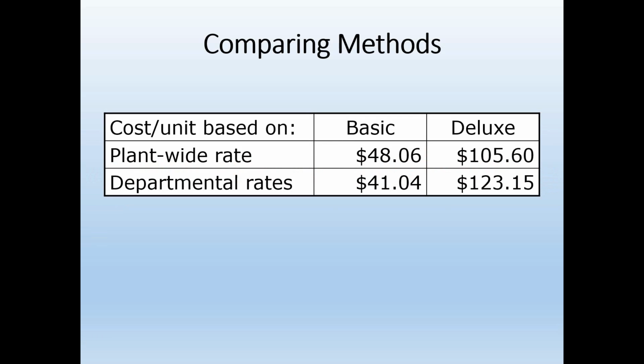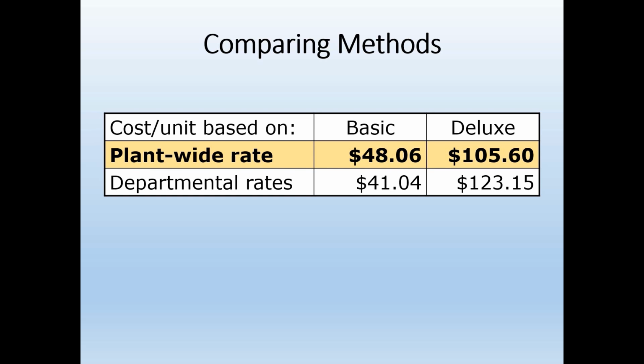When we compare how much XYZ would think it costs to make a basic unit versus a deluxe unit, we can see that the answer would be different depending on whether the firm chooses a single plant-wide allocation rate or departmental rates for its manufacturing overhead. That makes sense because the two methods to allocate overhead tell different stories.